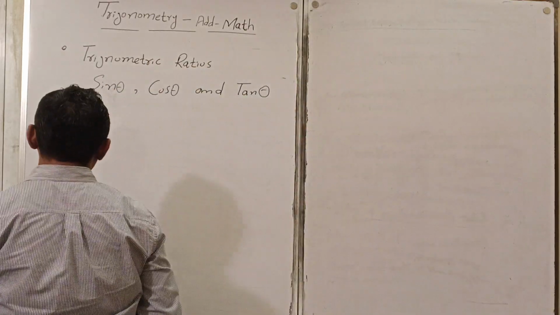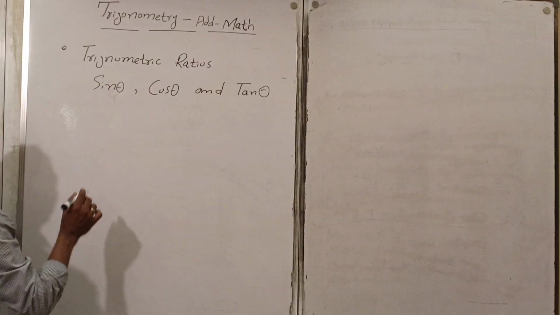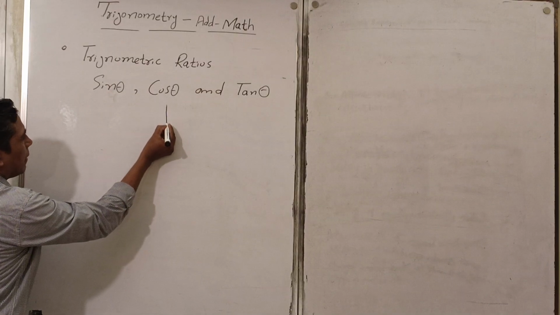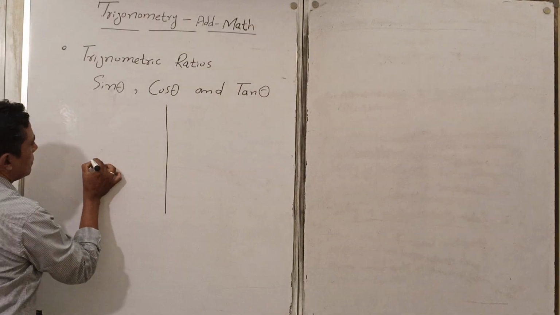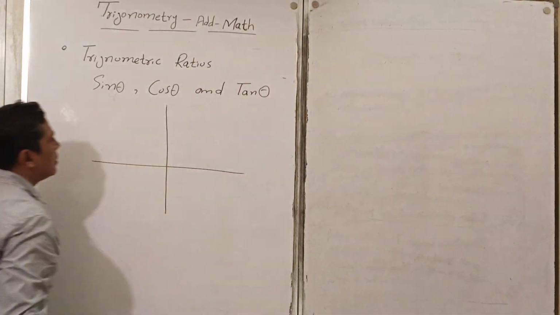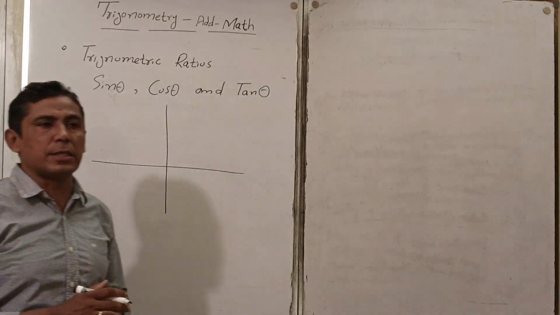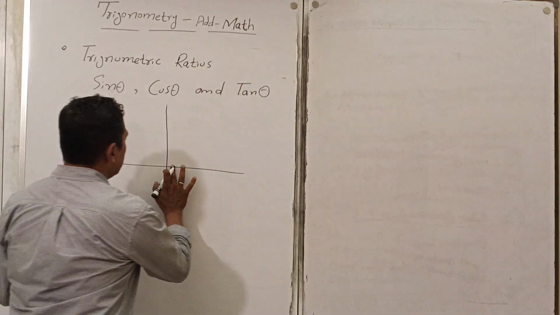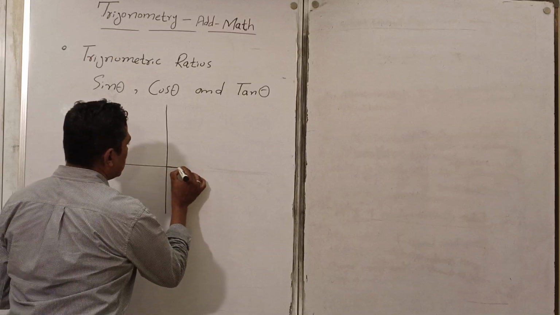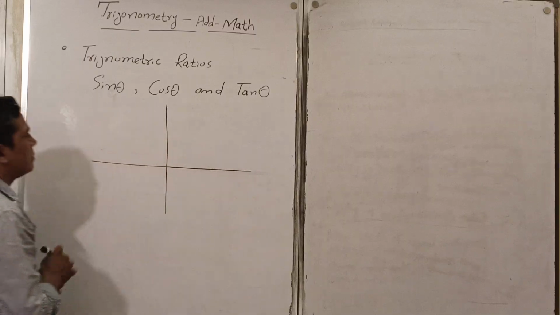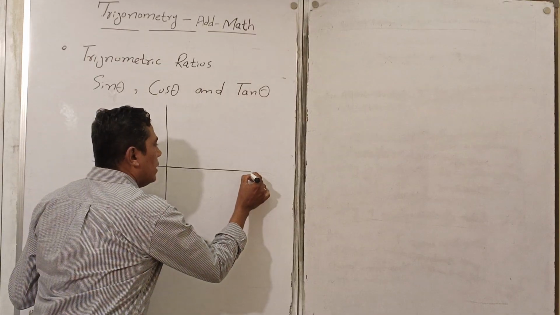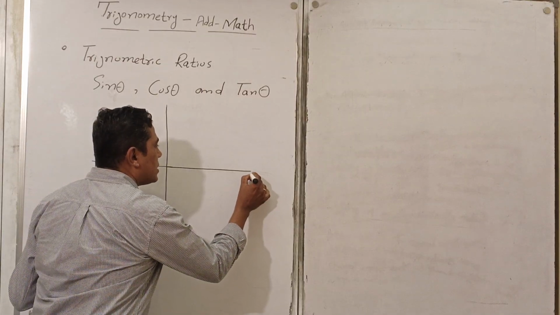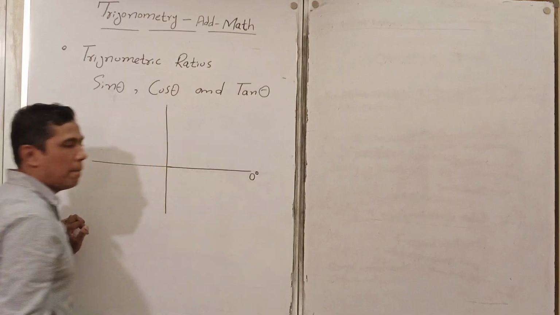For example, let's say these are the four quadrant system. Everybody knows. In this four quadrant system, this is for example 0 degree.